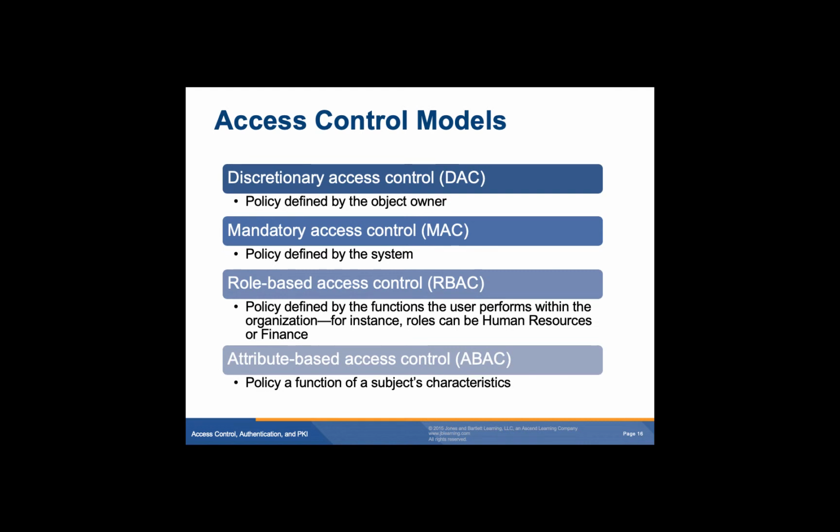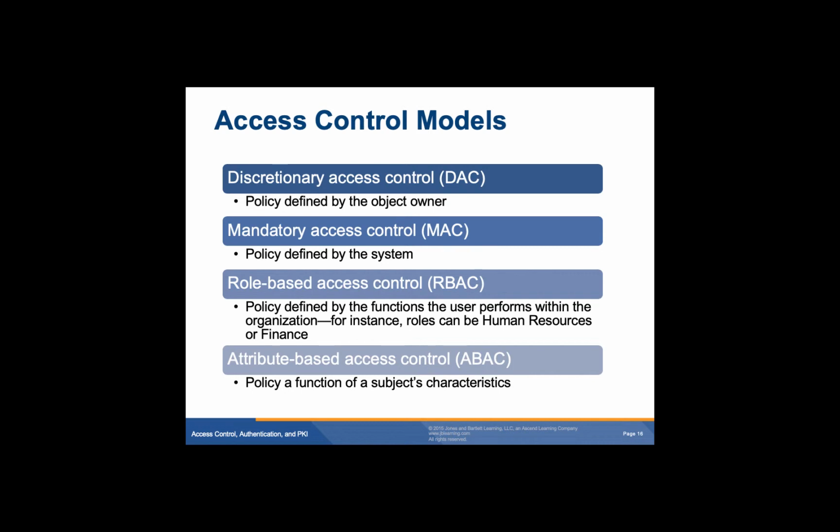Access control models. Access control models include discretionary access control, the policies defined by the object owner. Mandatory access control, the policy is defined by the system. Now that's where we talked about classification levels as one example of MAC. Role-based access control, RBAC, which is a predominant way of doing access control.